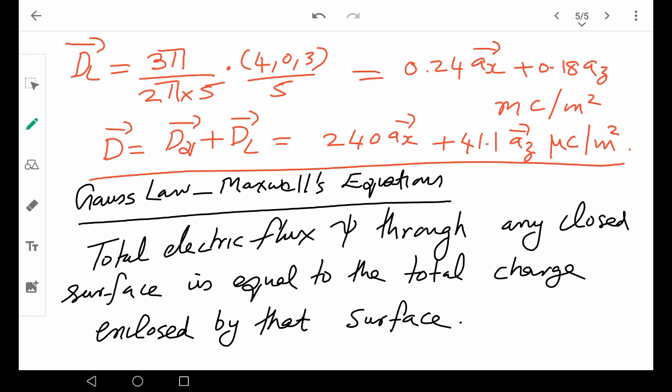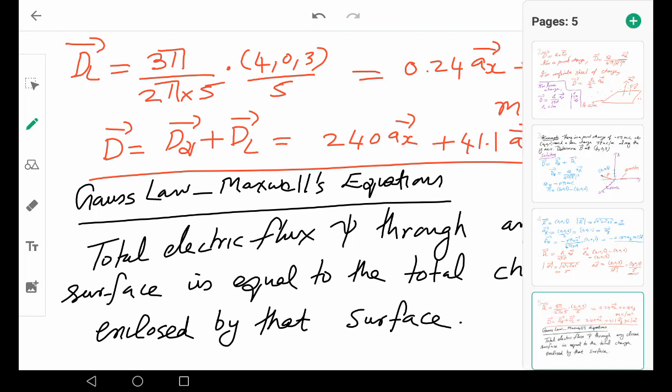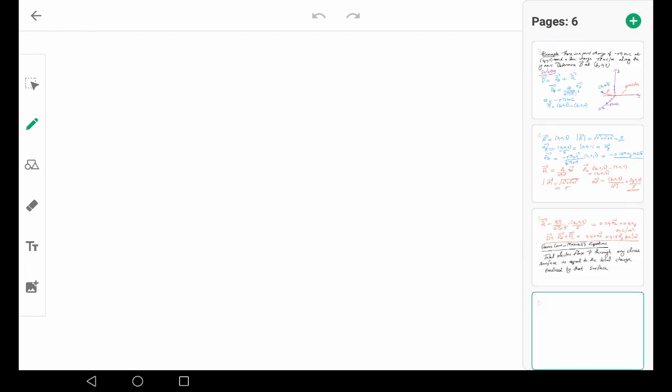You can mathematically write it like this: psi equal to the charge enclosed, Q enclosed. Okay, understand?